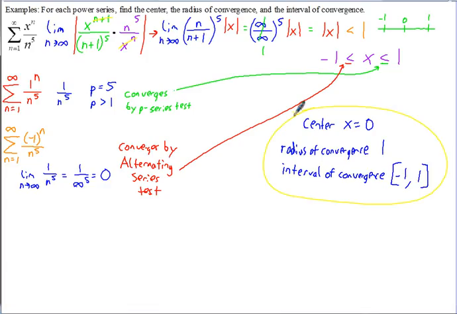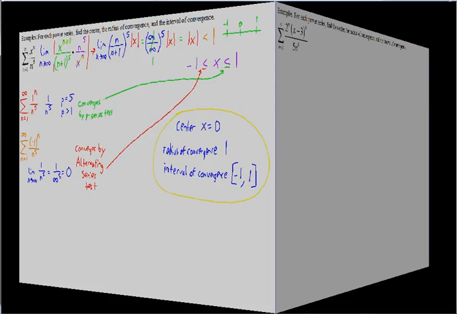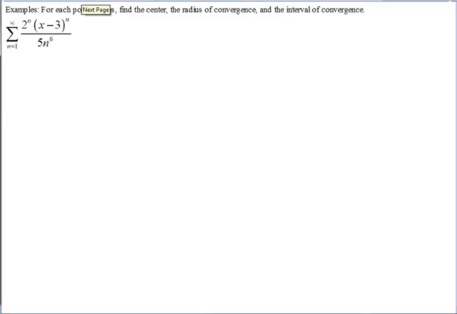And let's take a look at some more examples here. Yeah, let's start with a ratio test. So the limit as n approaches infinity, absolute value of a sub n plus 1, so 2 to the n plus 1, exponent is 3 to the n plus 1, over 5n plus 1 to the 6th.